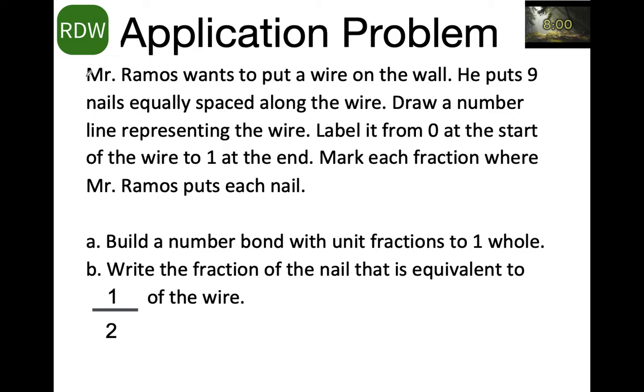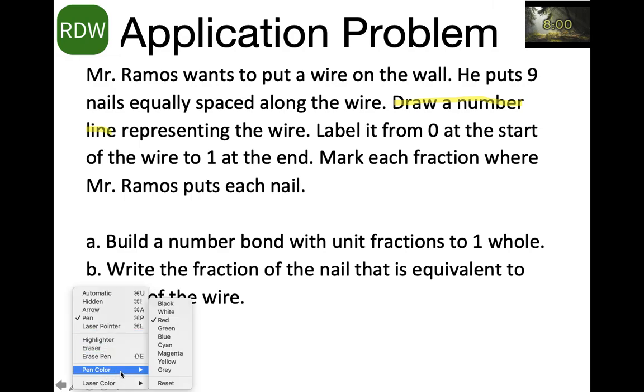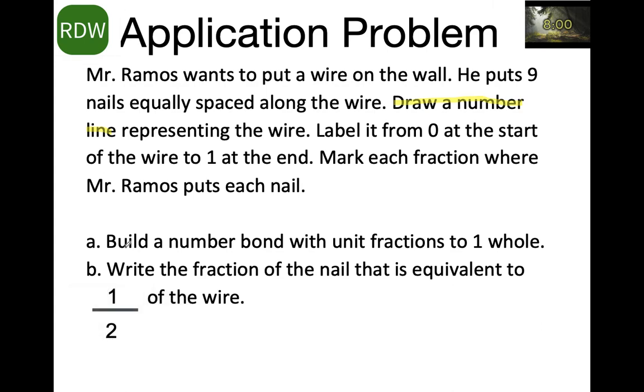Mark each fraction where Mr. Ramos puts each nail. So, the first thing we are going to do before we answer A and B is draw that number line in the blank space right here, using my pen. I would like for you all to make sure you are also drawing a number line.